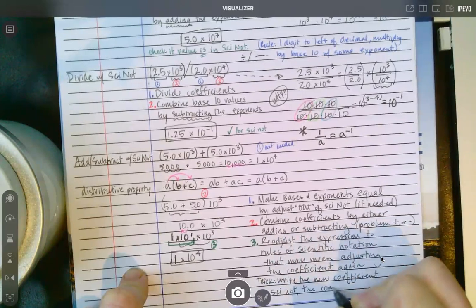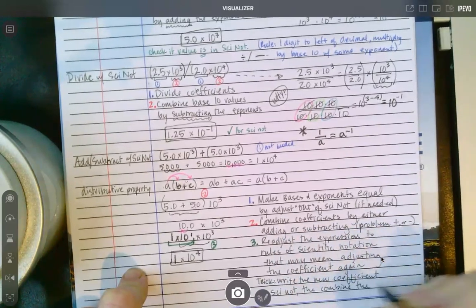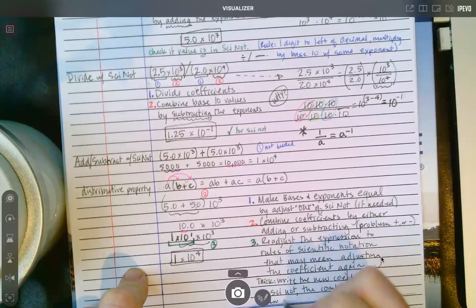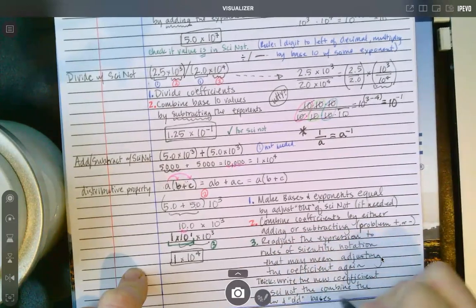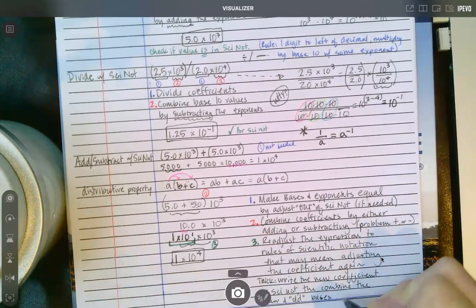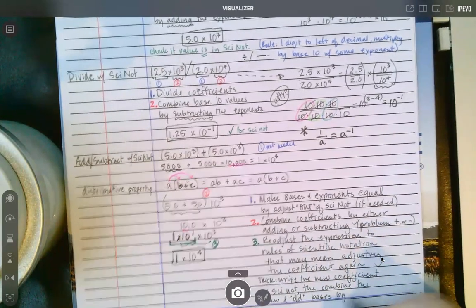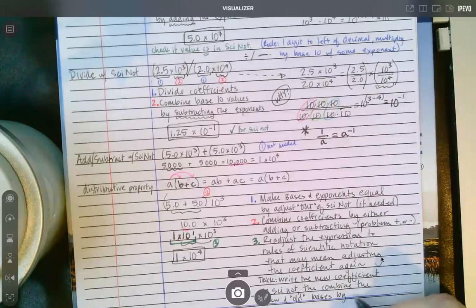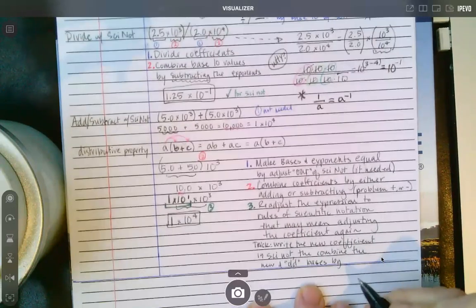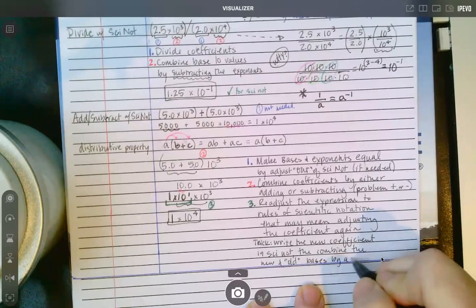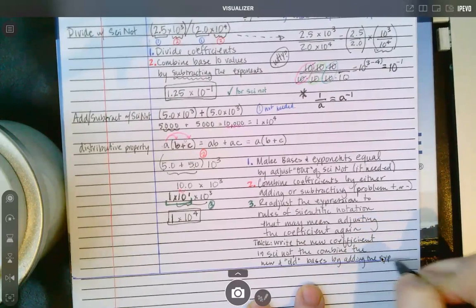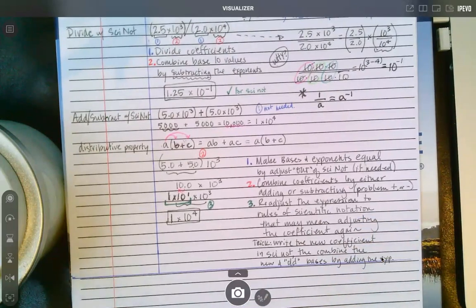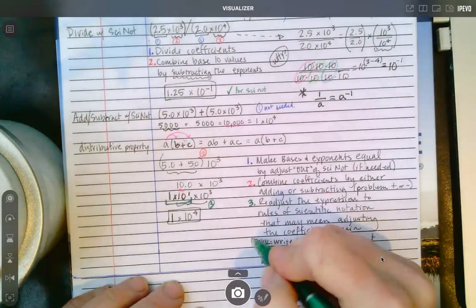Then combine the new and original bases by adding the exponents. Okay, it's pretty straightforward, but this little trick will do you some good.